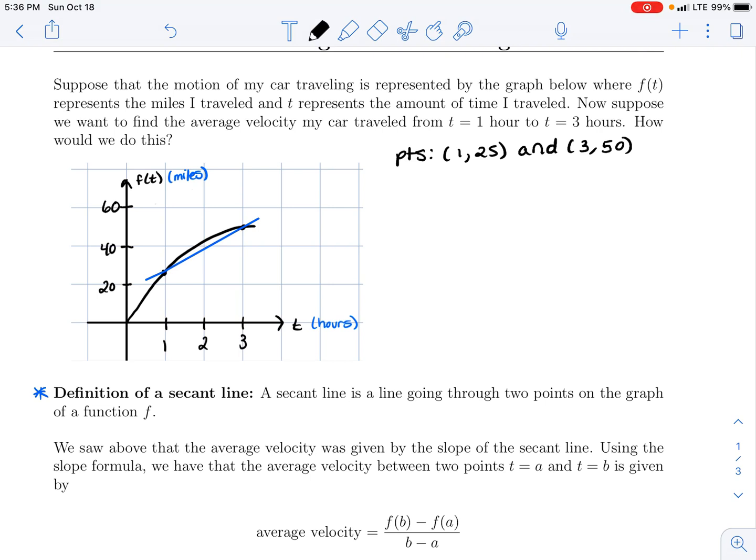Okay, and so basically, if I want to know the slope of this line, it's just like you guys have been taught in algebra, the change in y over the change in x, right?